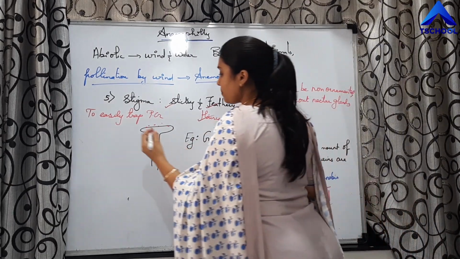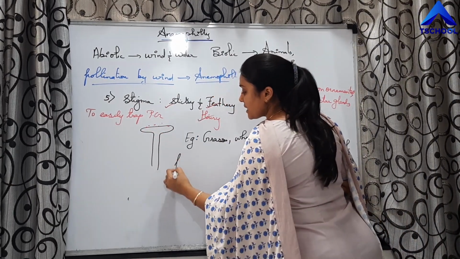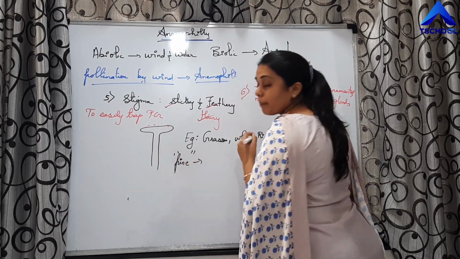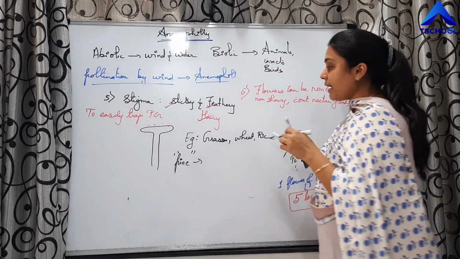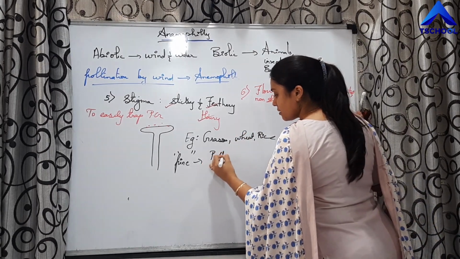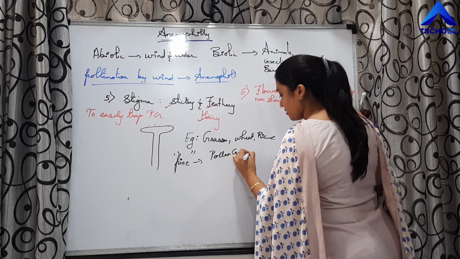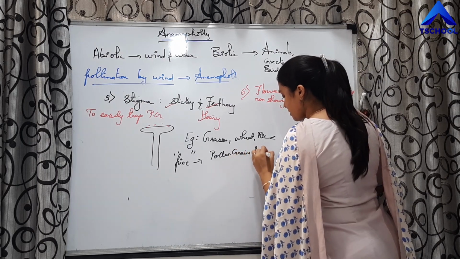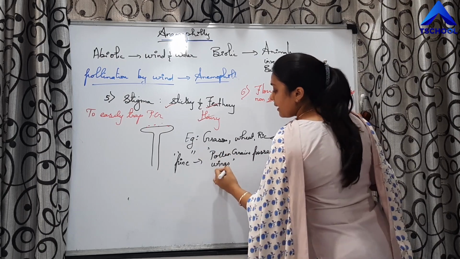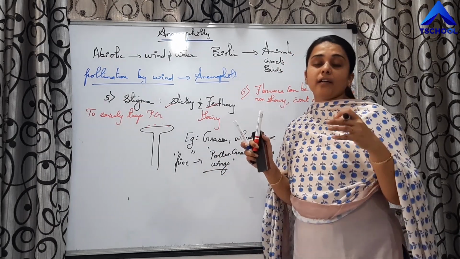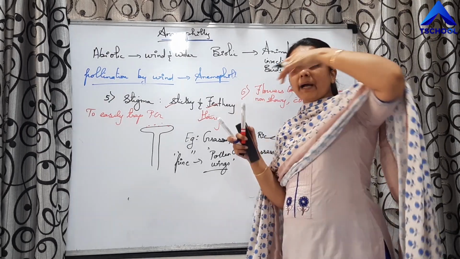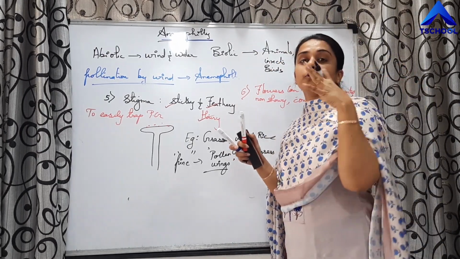One more thing you have to remember is in gymnosperms, that is in pine. Pine is a gymnosperm, and in pine the pollen grains possess wings. On the pine tree you will be able to see a cloud of pollen grains.